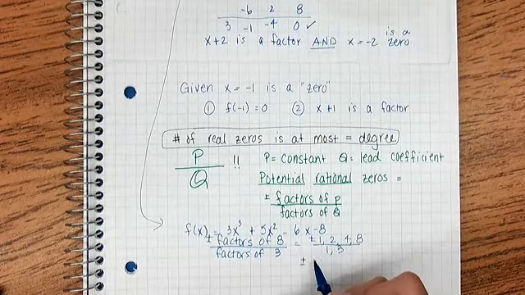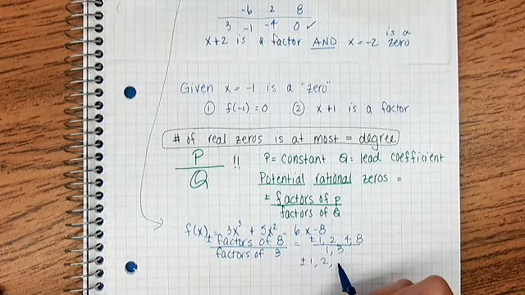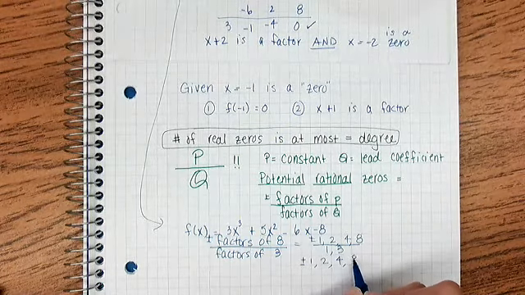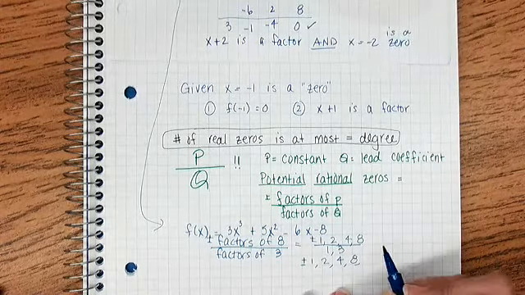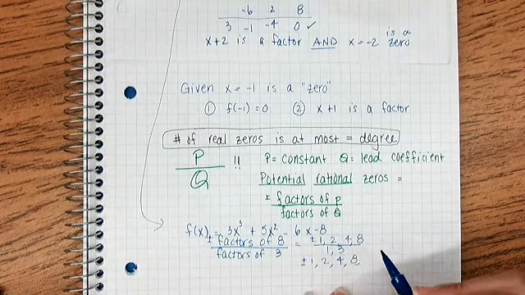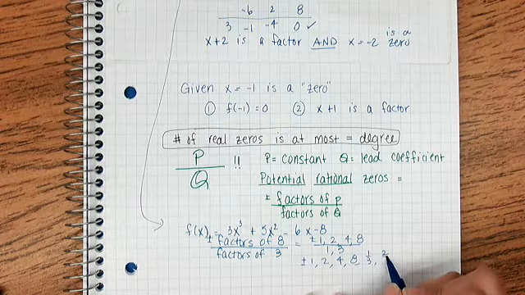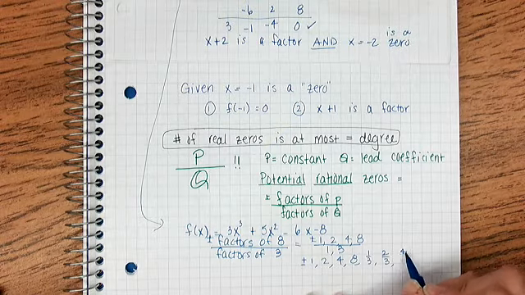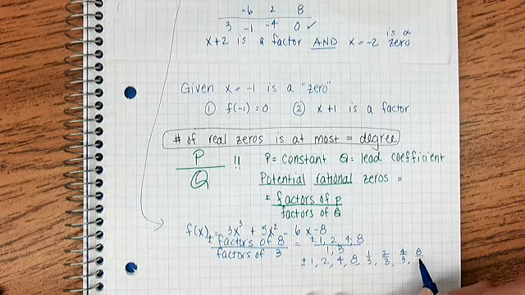So you have 1 over 1, 2 over 1, 4 over 1, 8 over 1. The order in which you write them does not matter. Plus or minus 1 over 3, 2 over 3, 4 over 3, and 8 over 3.